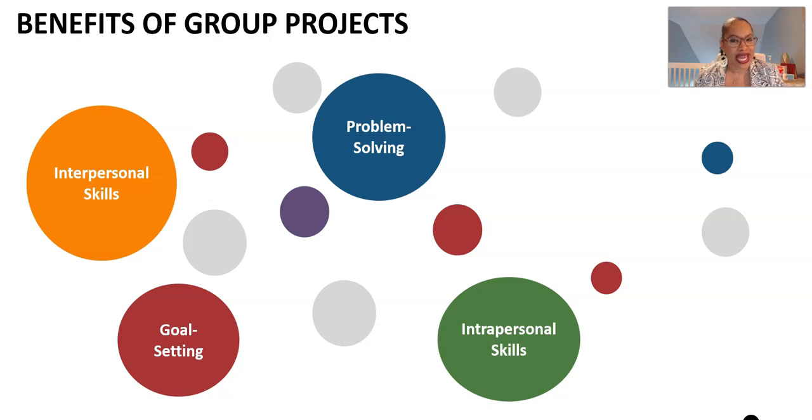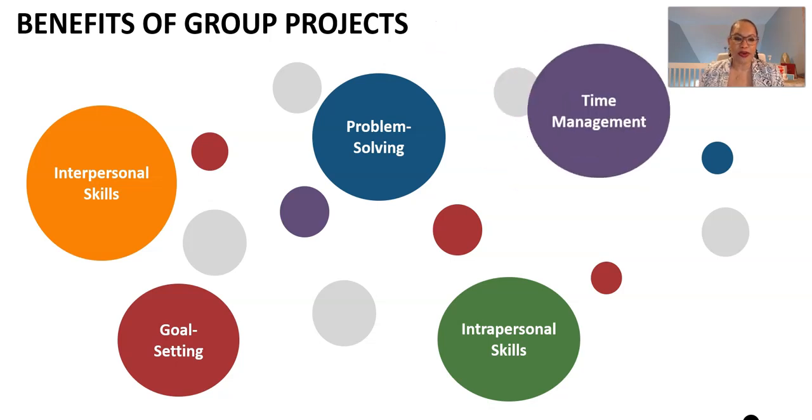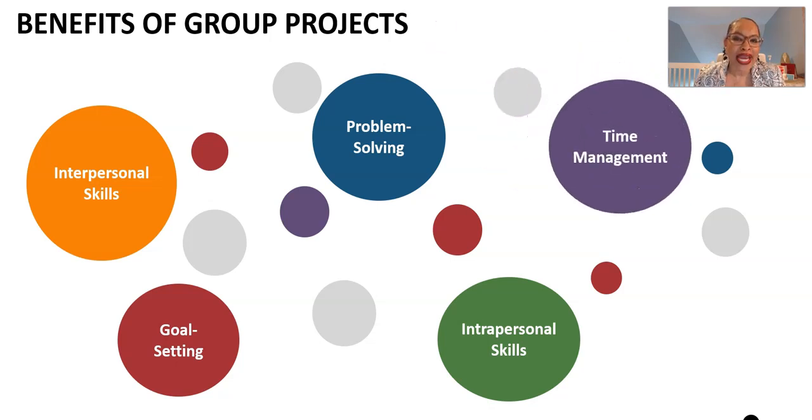I know I keep saying that. And they learn to work with other people. Time management. Now look at what we have here. Interpersonal skills, set those goals, learn how to problem solve, learn how to relate and connect with ourselves, and then learn how to manage our time. Woo woo. And there's one more.